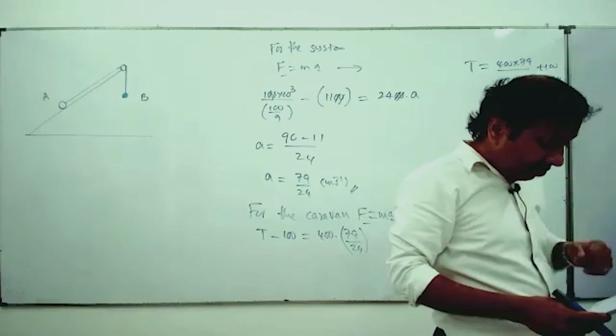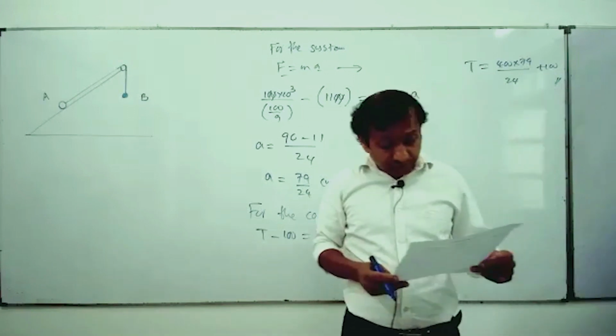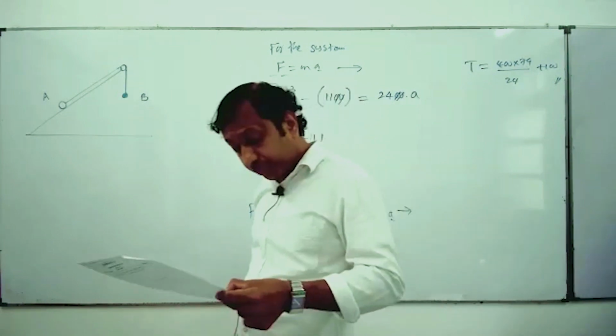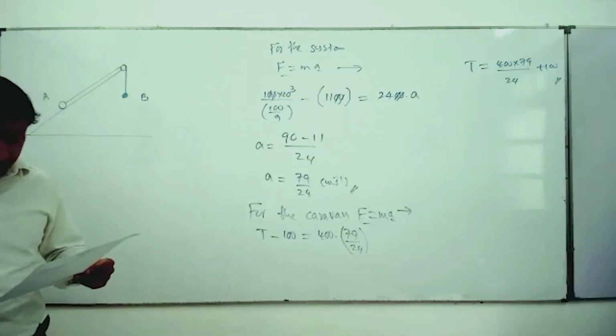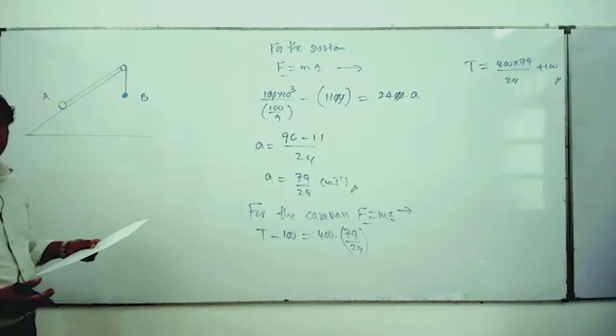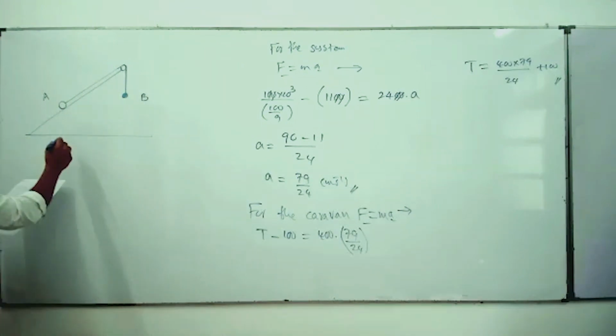The system is released from rest. The plane is smooth. Find the velocity of the particles when A has moved the distance L. So in what sense will this move? This is certain, no?